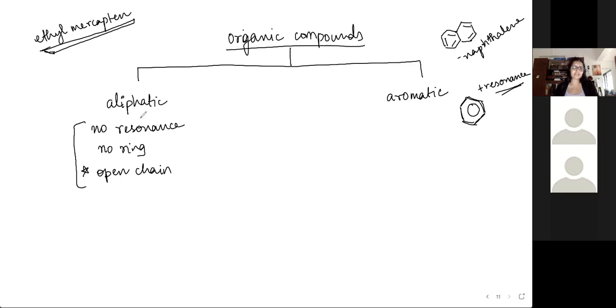These are the characteristics of aliphatic compounds. They are also called acyclic. And something between both of these, you have another type of compounds which are closed ring but no resonance. So they are called cyclic compounds. Cyclic and aromatic, so they have closed chains.